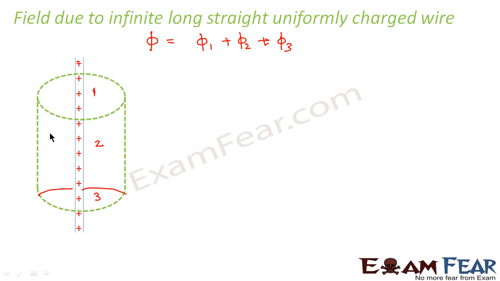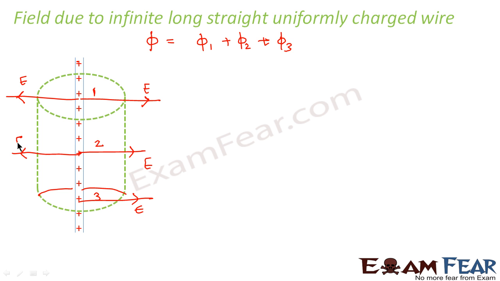Now what about the electric field? What is the direction of electric field? See, this is the positive charge, right? So the electric field is in this direction, because the electric field will originate from the positive charge. So this is the direction of the electric field.